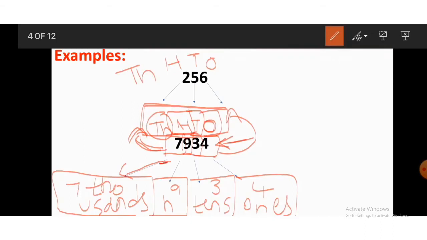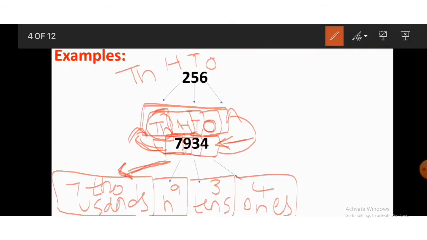And then we write the place values of the digits depending on their places. 7 is in thousands place, so the place value is 7000. 9 is in hundreds place, so the place value is 900. 3 is in tens place, so the place value is 3 tens. 4 is in ones place, and so the place value is 4 ones.